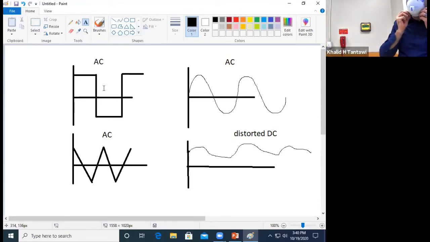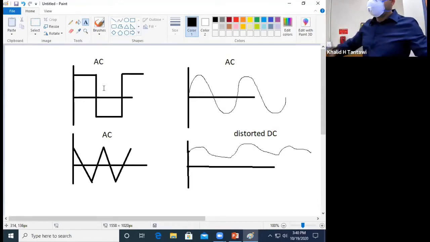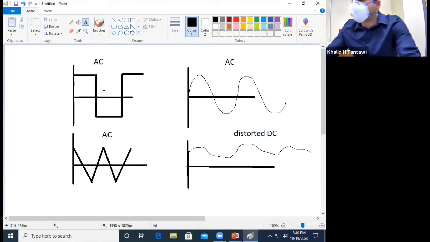I'm going to tell you the answer. There was a mathematician named Fourier, who came up with a theory: the simplest wave you can find is the sinusoid, and all the other waves are a combination of sinusoids.